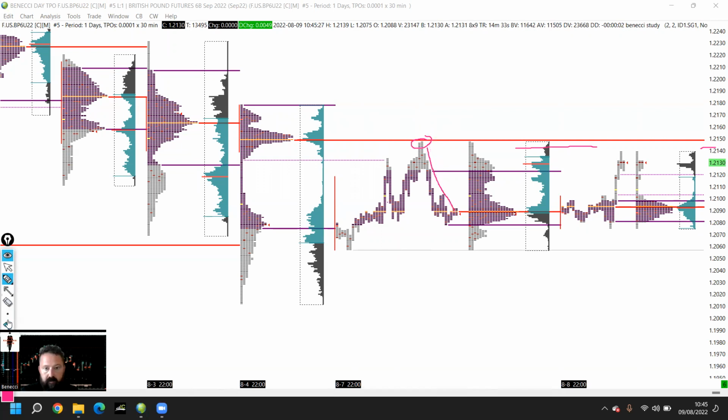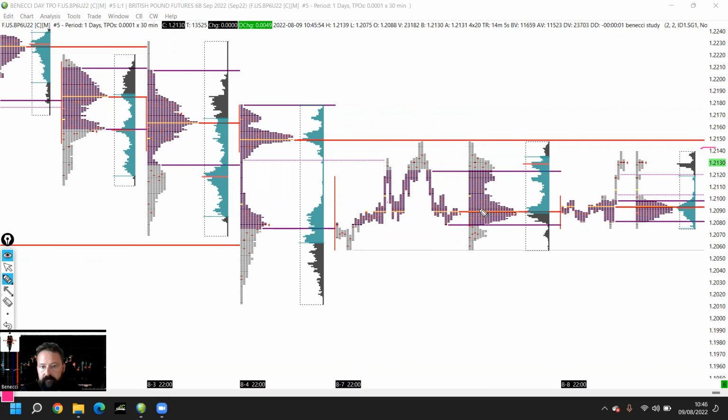I hope this is helping. And I'm not just talking mumbo jumbo, so I'm quite good at that. So yeah, point of control. And while we're on the point of control, we'll look quite often at the volume profile, which is this one, remember. The point of control is in roughly the same place as where the market profile point of control is. But there are occasions where it's not.